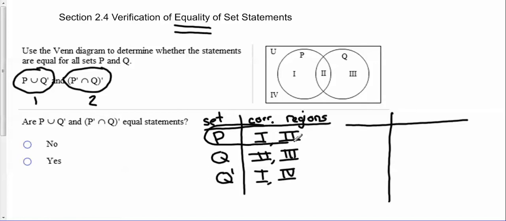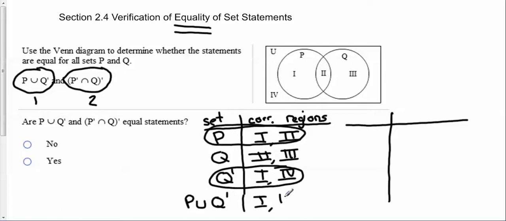Now you notice we have a row for P, and we have a row for the complement of Q. So now we take the union of those regions, unite them, and we have what, 1, 2, 4? So all those elements that would fall in regions 1, 2, and 4 would be in the union of P and the complement of Q. So we circle that.